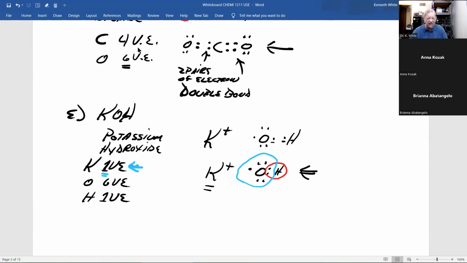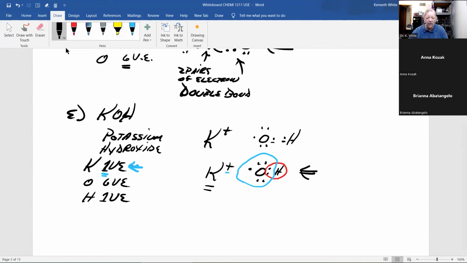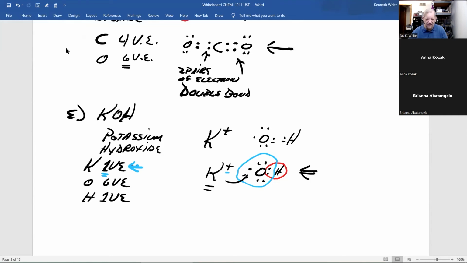potassium had 1 valence electron, and it gave it up to form the cation. And where did that electron go? To here. So actually, there's an extra electron. Instead of 7, it will now have 8. But because it gained an extra electron from potassium, it will have a negative charge.